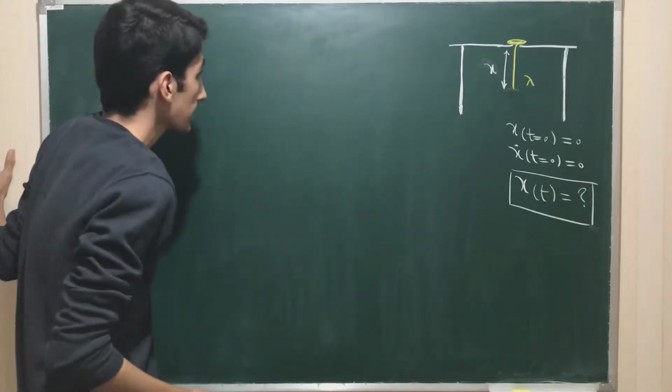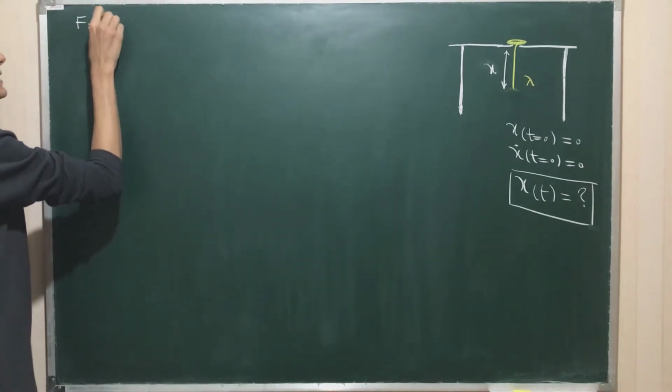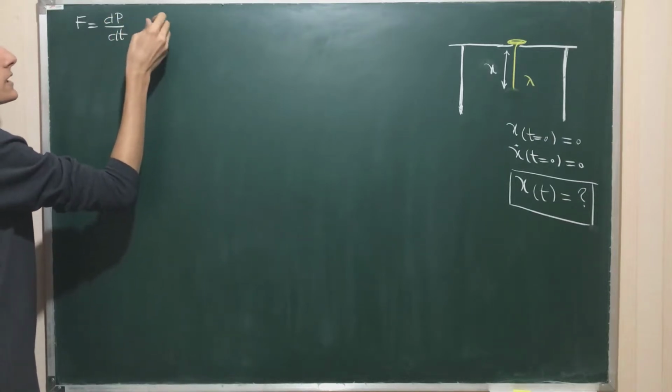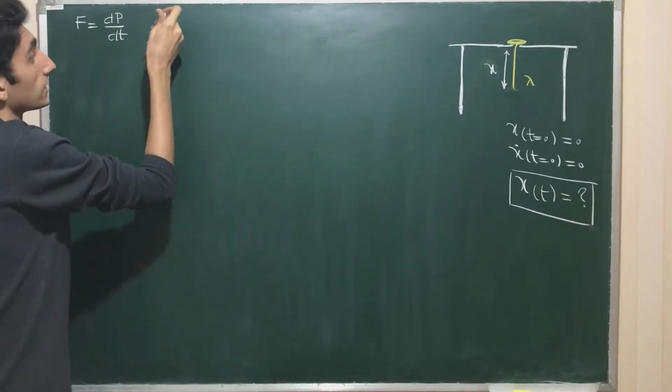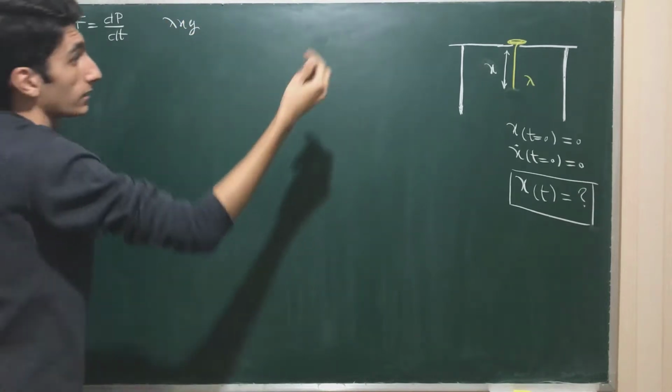So we have Newton's second law, F equals dp over dt. F is lambda times x times g, basically mg.